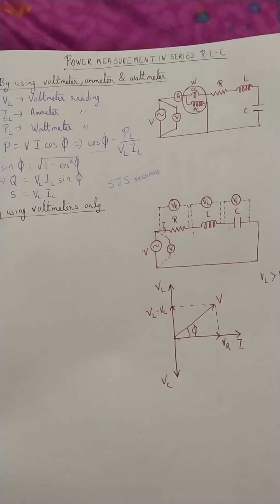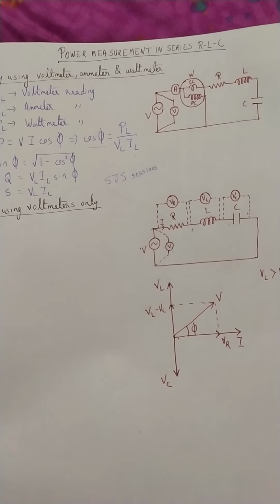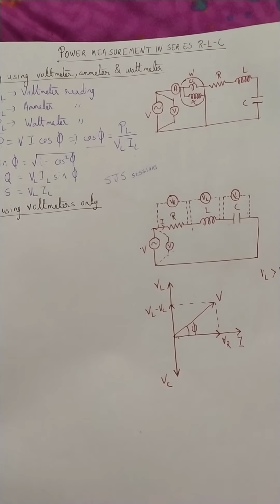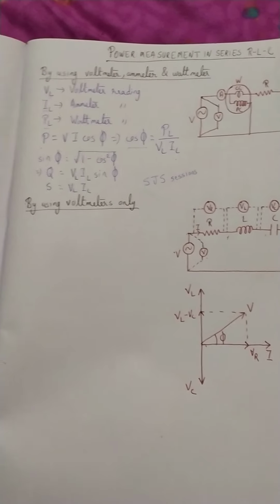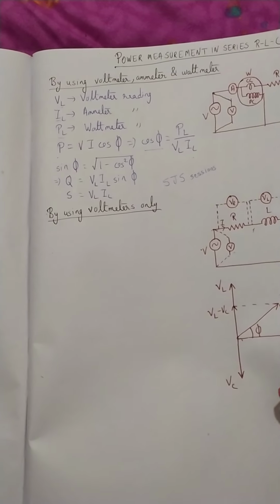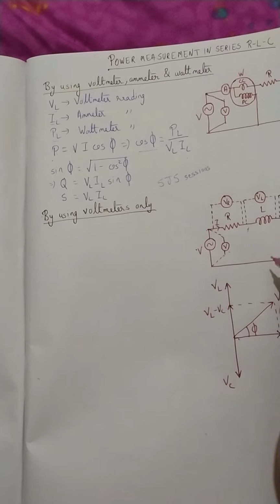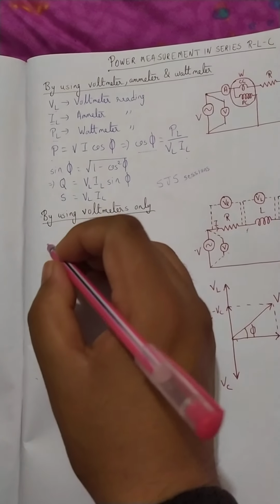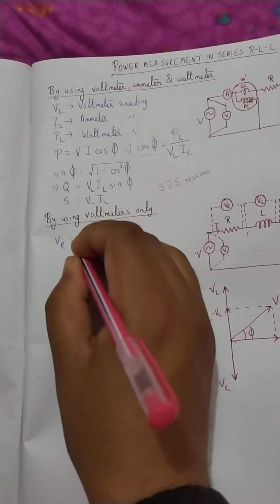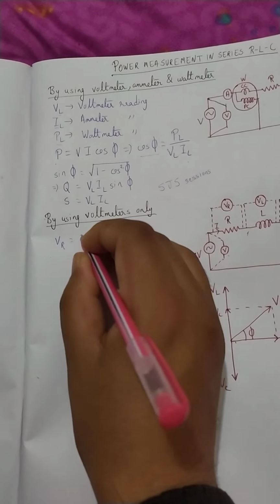So theoretically this is what we are getting. Now try to understand from this how we could find out the different parameters. Note it down. We have VR, and we know VR is equal to I into R. Externally, when no current is passing through it, we can find out the value of R. So R is known to us.